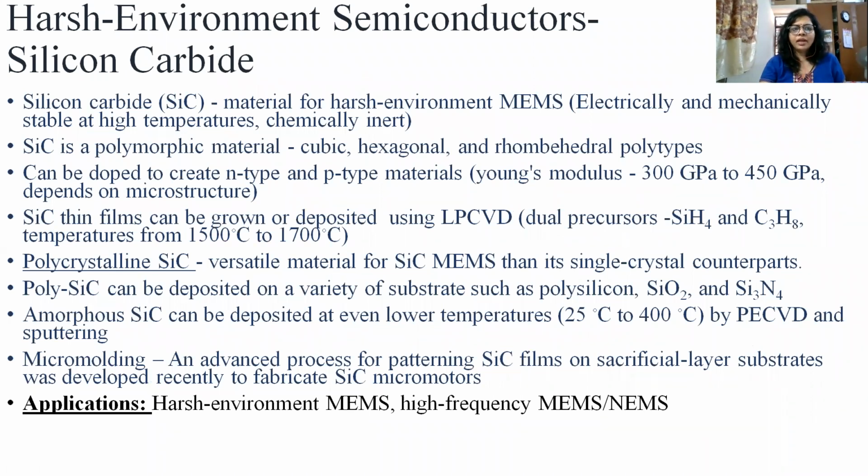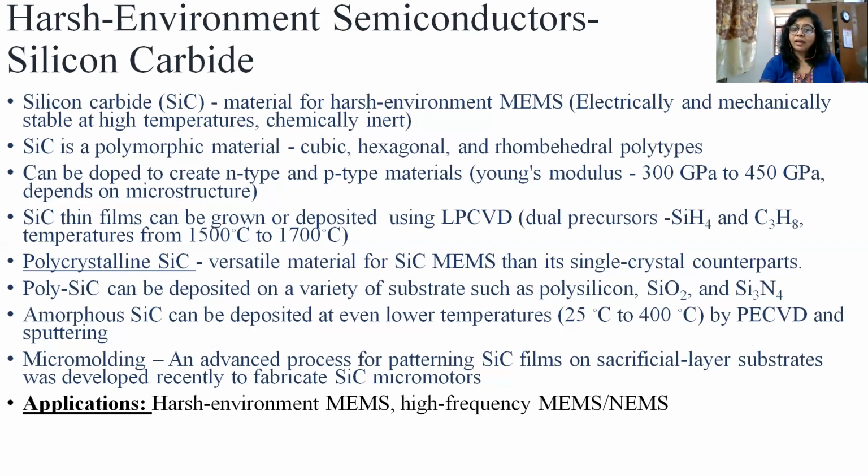Now harsh environment materials, that is silicon carbide. Silicon carbide is a material for harsh environments. It is electrically and mechanically stable at high temperature. Silicon carbide is a polymorphic material having cubic, hexagonal, and orthorhombic structures. It can be doped to create N-type and P-type material.